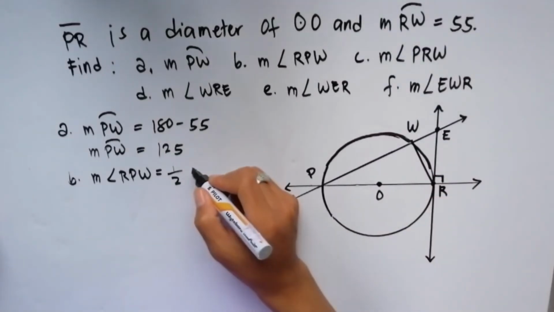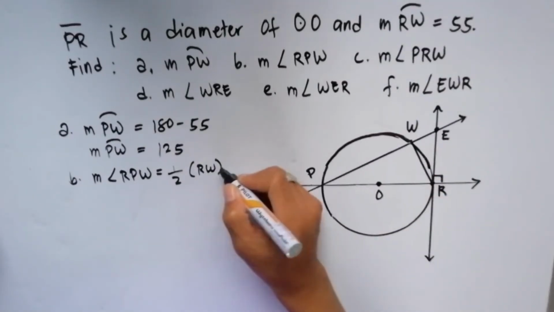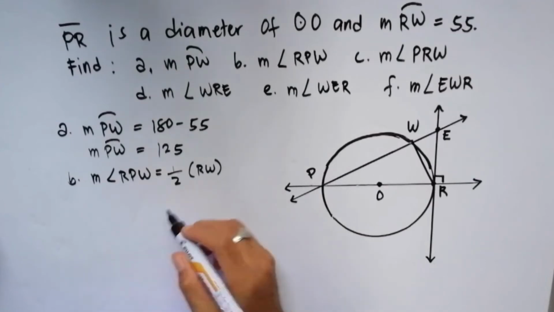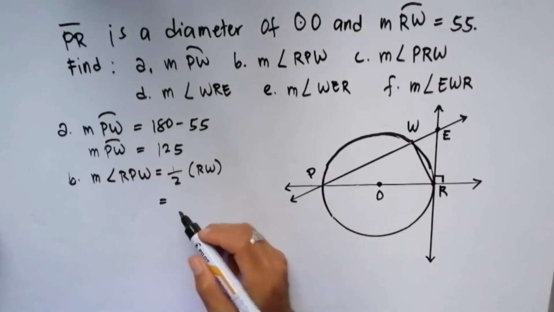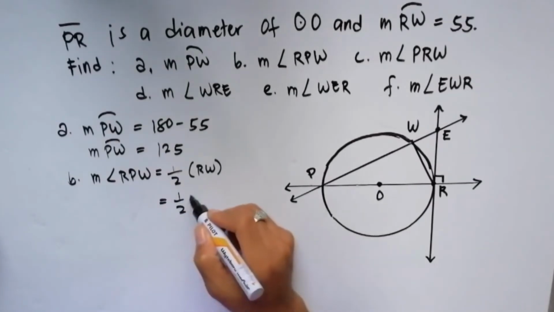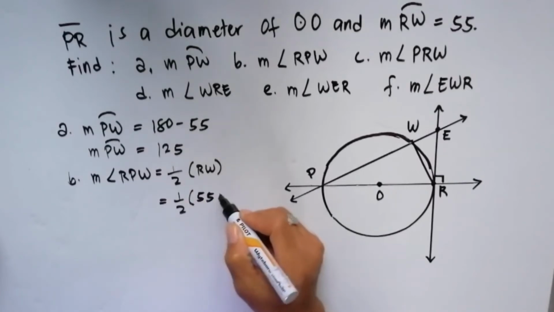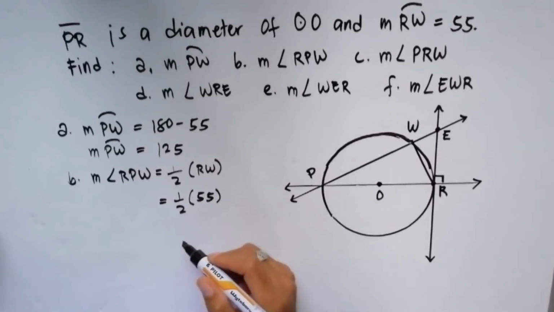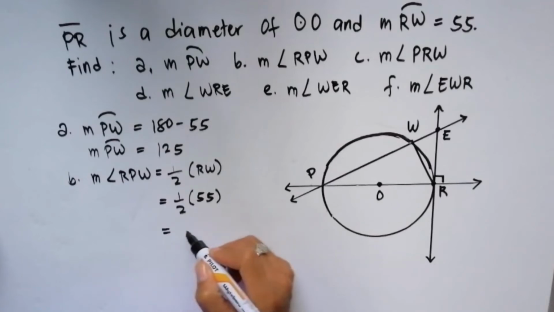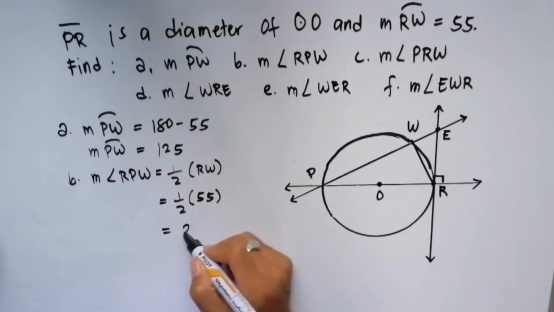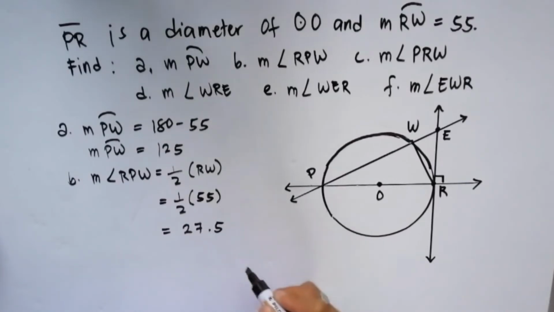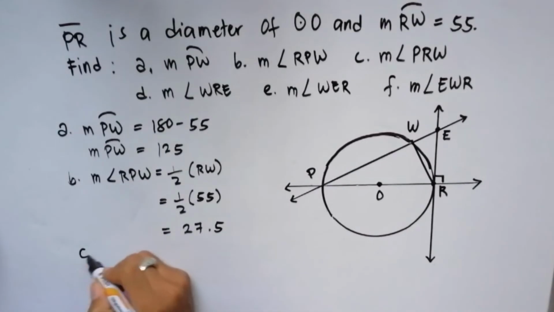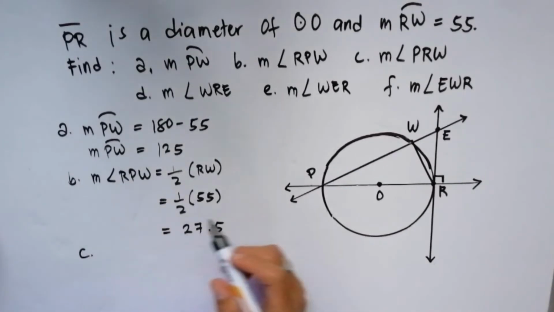So 1/2 times RW, so that is equal to 1/2 times 55. So that is equal to 27.5.